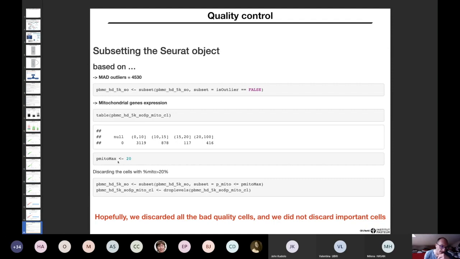So we can decide to put a maximum threshold for the mitochondrial gene expression and use this threshold to discard all the cells having too much mitochondrial gene expression. And by doing so, hopefully we discard all the bad quality cells, and we did not discard important cells.